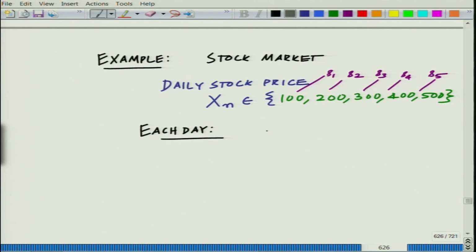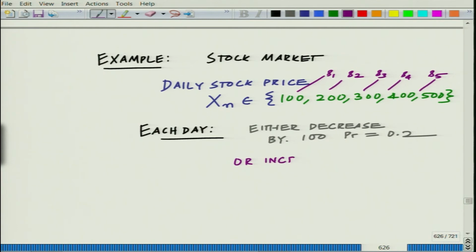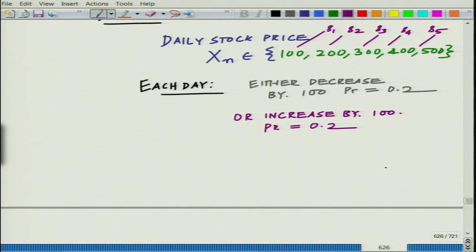Each day, either the stock price can decrease by 100 with probability 0.2, or increase by 100 with probability 0.2, or it can remain constant.